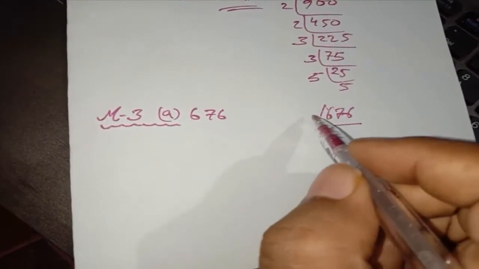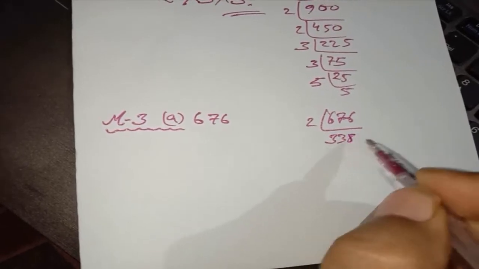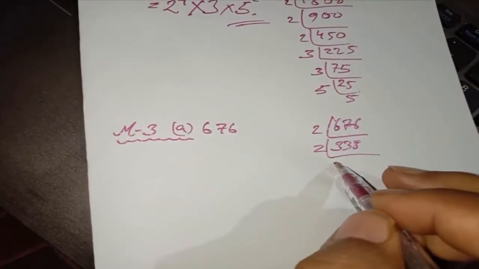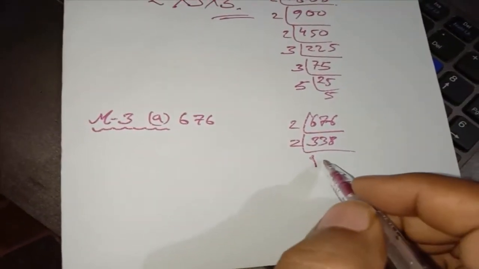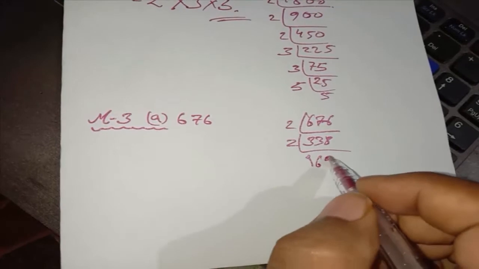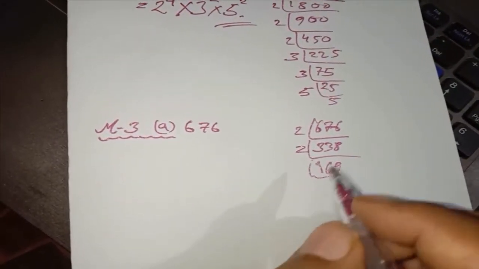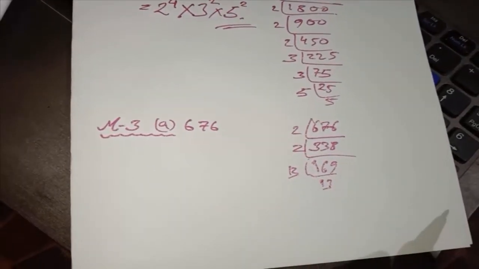It is an even number, so divided by 2, we get 338. Again divisible by 2, so we get 169. We already know that 169 is the square of 13, so 13 into 13 is 169.